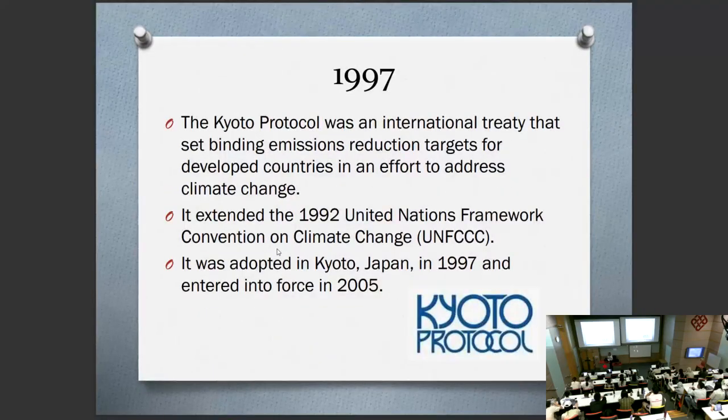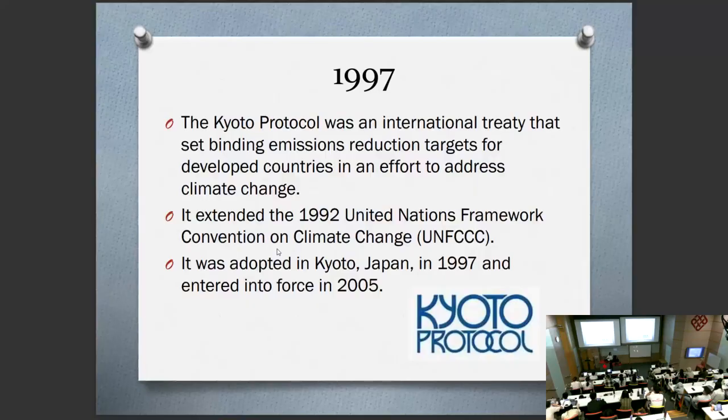So some years later, we have the Kyoto Protocol. I think this one is more popular. In the year 1997, the Kyoto Protocol was an international treaty that set binding emissions reduction targets. So unlike the UNFCCC, which is not binding, the Kyoto Protocol is binding. There would be a penalty if you fail to meet the target.